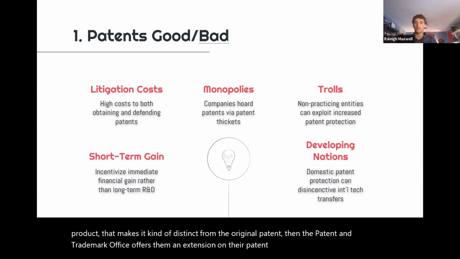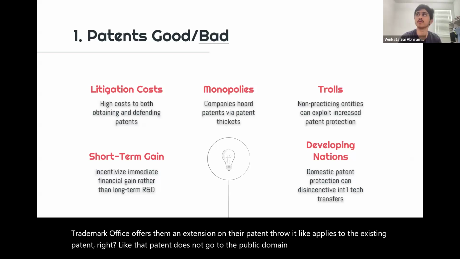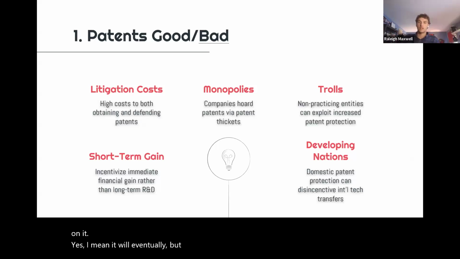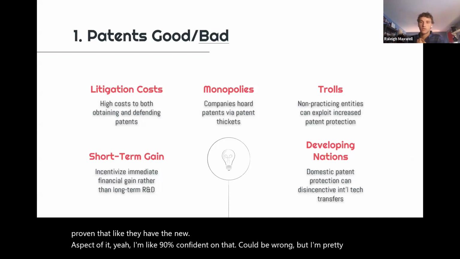So it applies to the existing patent, and that patent does not go to the public domain. Oh, so they just get an extension on it, like the old patent would basically never expire. Yes, I mean, it will eventually, but the patent will be extended because they've proven they have the new aspect of it. Okay. I'm like 90% confident on that. That could be wrong, but I'm pretty sure that's how it works.